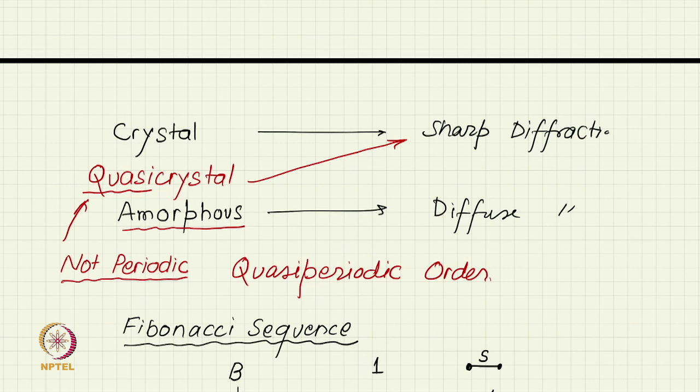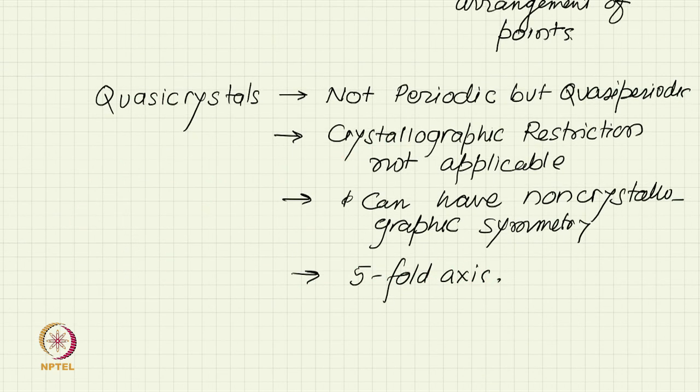Since they are not restricted by translational symmetry, our crystallographic restriction theorem, which derived from periodicity, does not apply. So, these quasi crystals are free from the restriction imposed by periodicity. That is why they can have symmetries which are not allowed for crystals. In fact, what Shechtman saw in the diffraction pattern as 10-fold axis was really a 5-fold axis, and the aluminum manganese quasi-crystal was shown to have icosahedral symmetry.